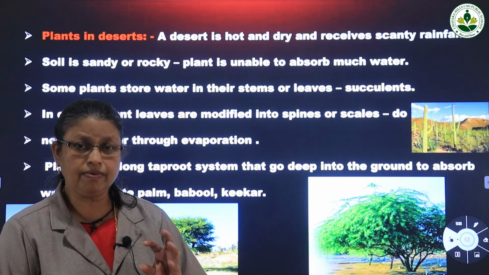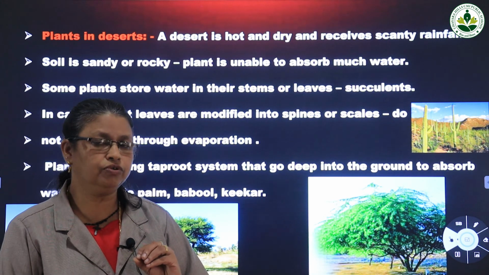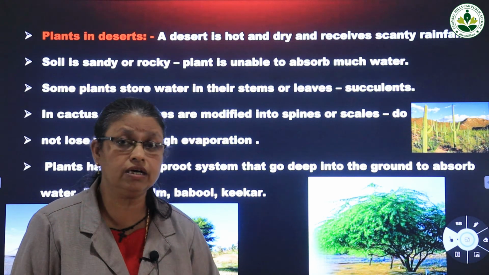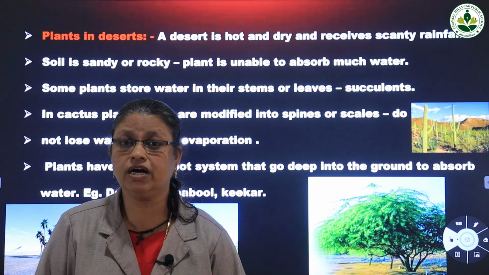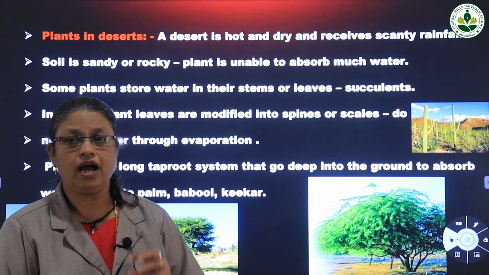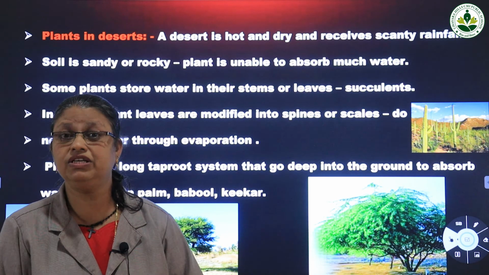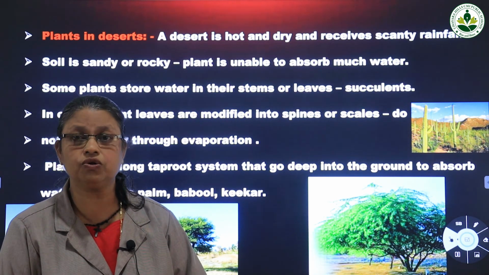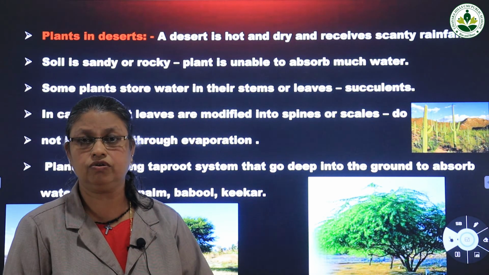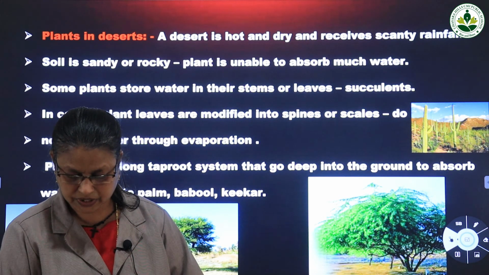And some plants have long tap roots. Most of the plants in the desert have long tap root to absorb water from the soil, and we know in desert the water level is very low, so the root should go deep into the soil to absorb water. So they have long tap root.